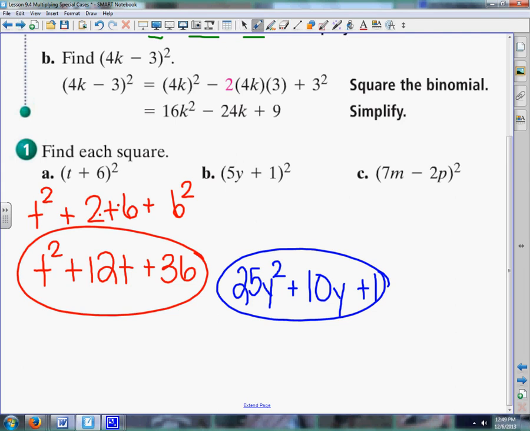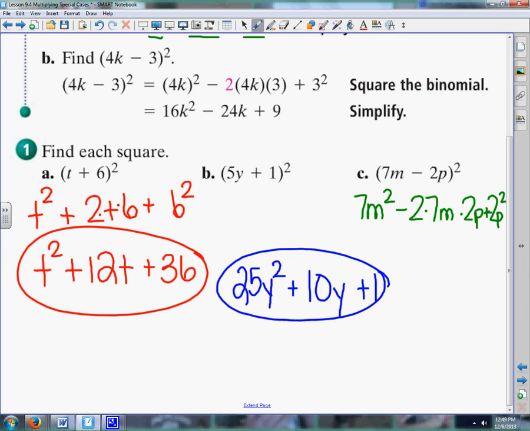And then C, I have 7m squared. Now this is minus 2a is 7m, b is 2p, and then minus 2p squared. Oh, this is plus, sorry, plus 2p squared.